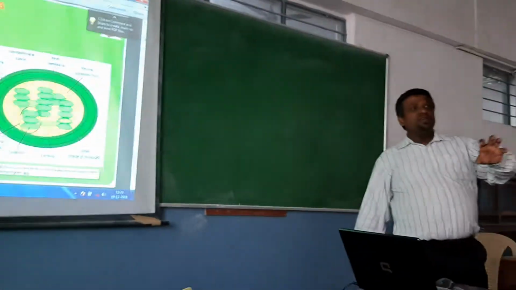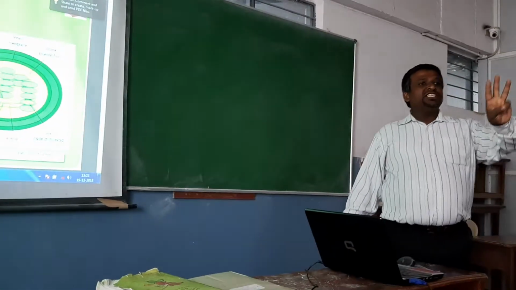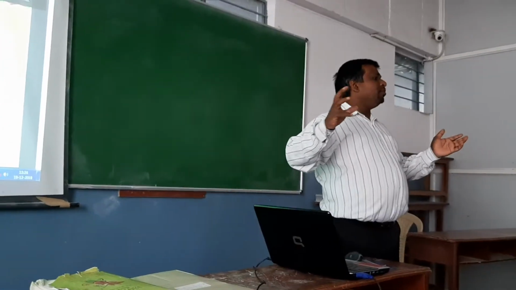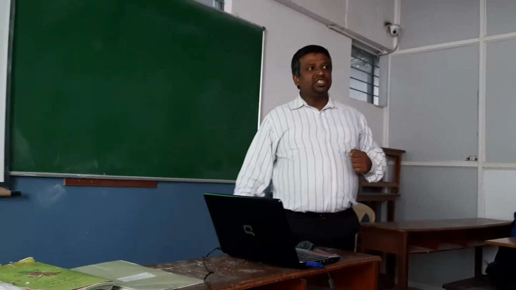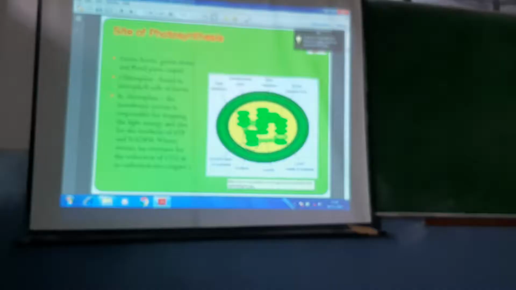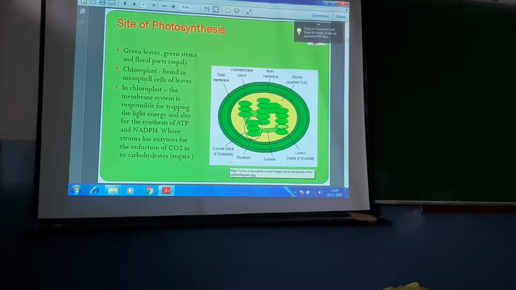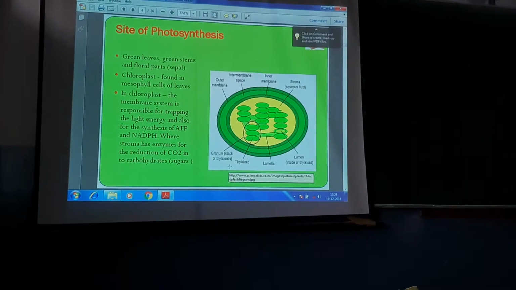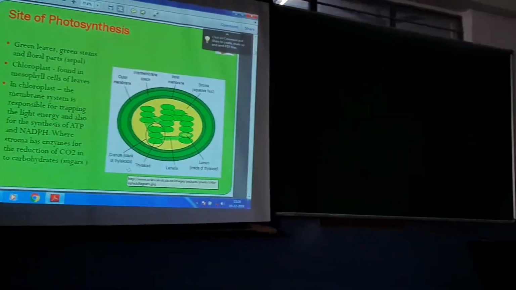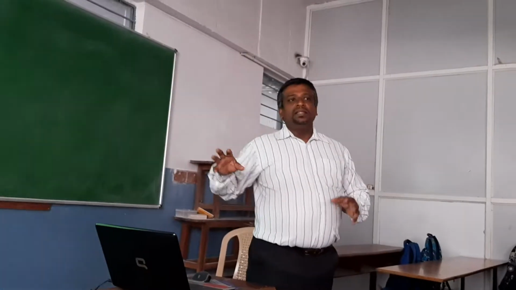NADPH2 is also an energy molecule. 1 NADPH2 is equal to 3 ATPs. It is an energy-rich molecule, we call it NADPH2. Okay, so they are all formed in the chloroplast. Oxygen is liberated in the chloroplast during non-cyclic photophosphorylation. So these are all the steps that are involved in the chloroplast.